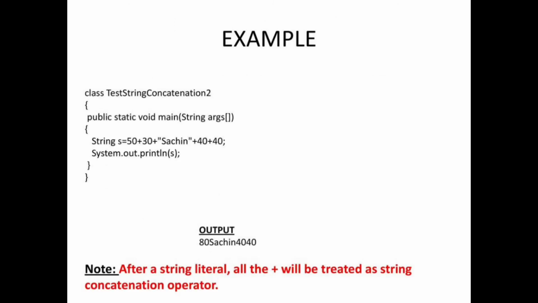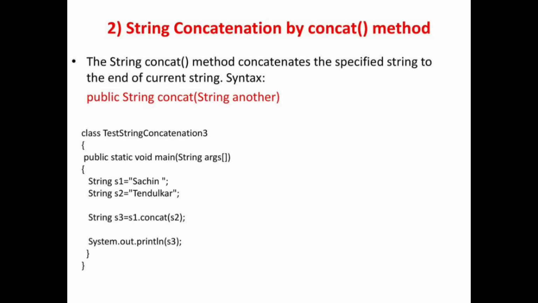For example, here I am declaring 50 plus 30 plus Sachin plus 40 plus 40. Then the output displays 80 Sachin 40 40. Note, after the string literal, all the plus operators will be treated as string concatenation operators.